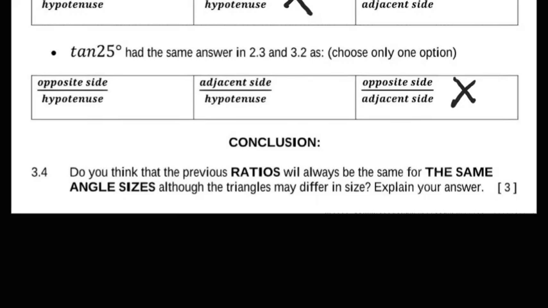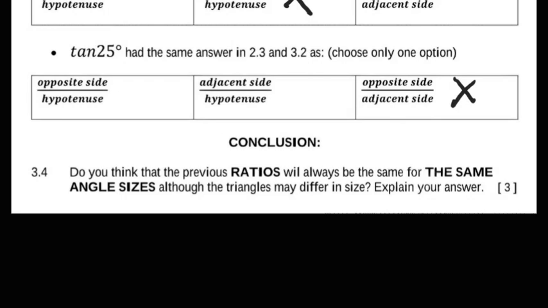3.4 says, do you think that the previous ratios will always be the same for the same angle sizes, although the triangles may differ in size? Basically what they're asking you is, we've had similar triangles.